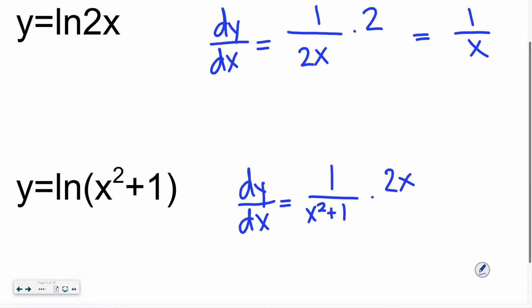Very good. And if you write this as 2x over x squared plus 1, I'm happy. There's nothing else I want you to do, unless I ask you for a tangent line equation and you have to plug something in, but that's it.